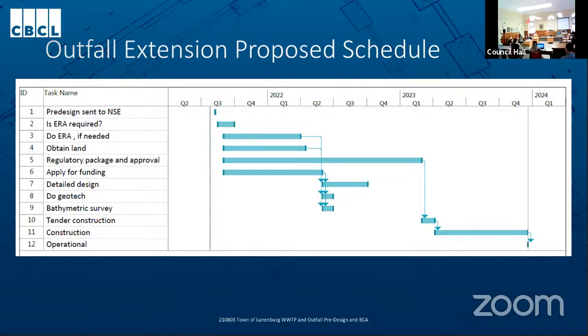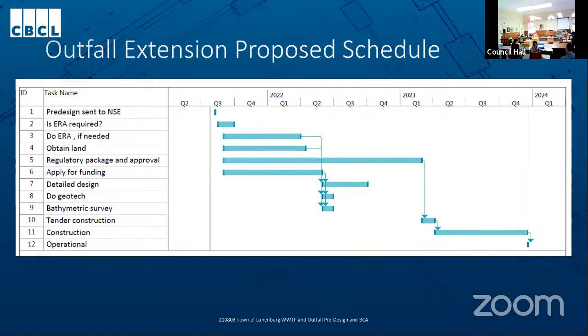So if all of these go approximately to schedule, we could see detailed design starting following the funding application approval in around next summer, and then geotech and bathymetry survey to find out the exact details of the route to inform the detailed design.